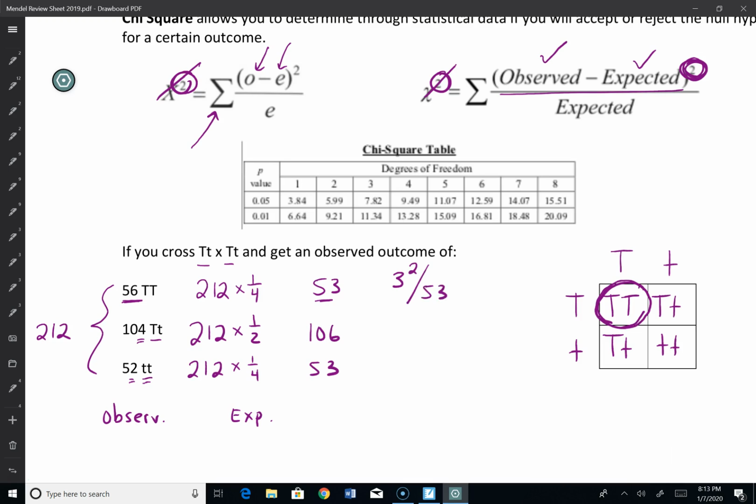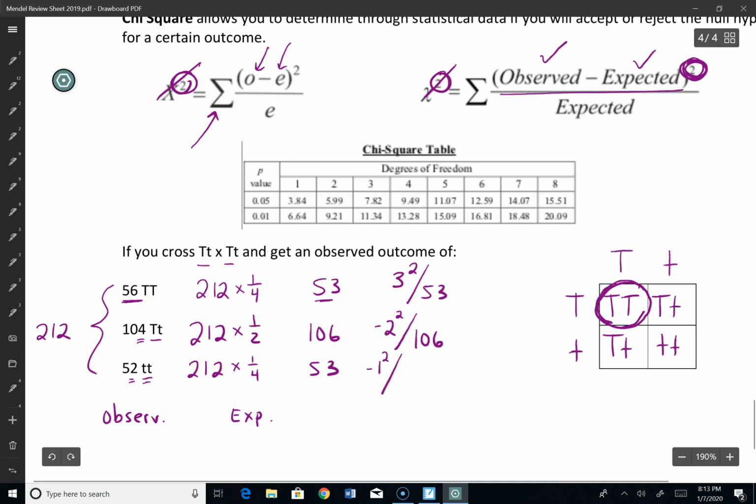Well, let's do the next one. 104. It is observed minus expected. That's going to be negative 2. But that's okay, because what happens when I square negative 2? It becomes 4. Nice positive number, so I don't really care. Divided by, once again, the expected, in this case, 106. Here, 52 minus 53 is negative 1, but I don't care because that's going to be squared, divided by, again, 53.